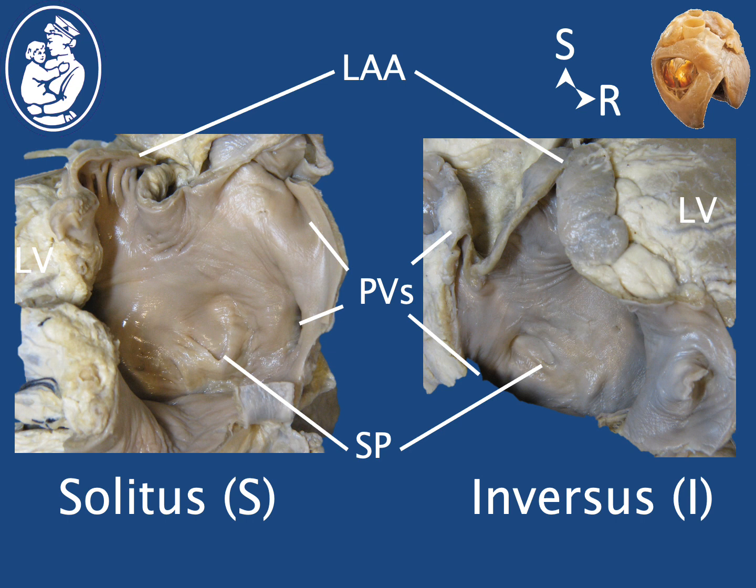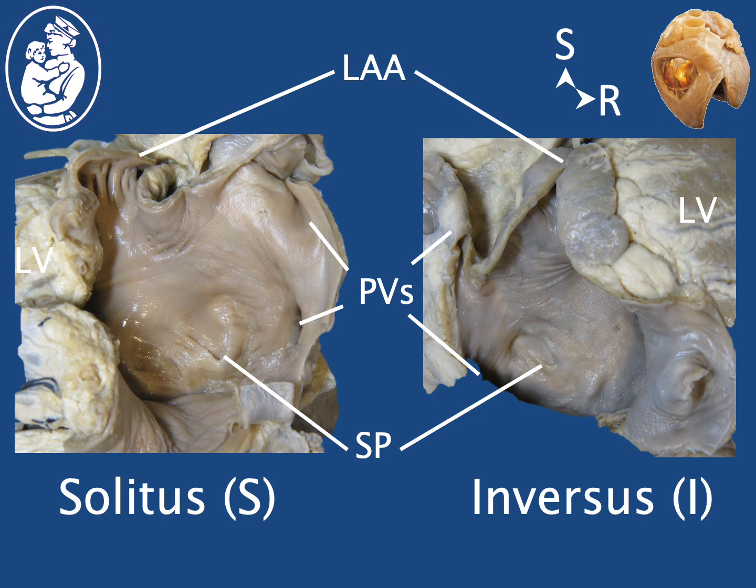So in the situs heart, the mitral valve and left ventricle are here to the left of the fossa ovalis or septum primum, while in the inverted heart, the left ventricle and mitral valve are to the right of the septum primum or fossa ovalis.